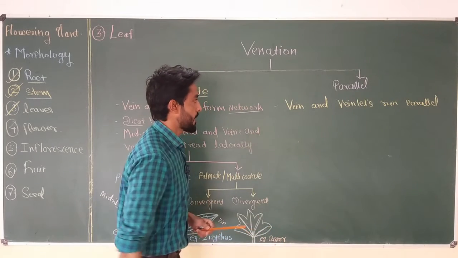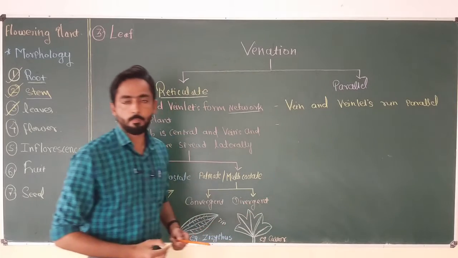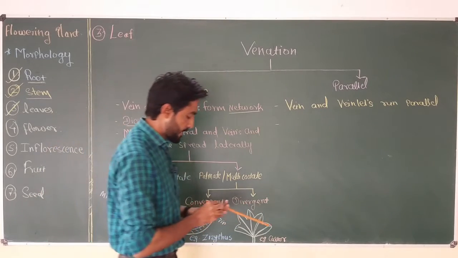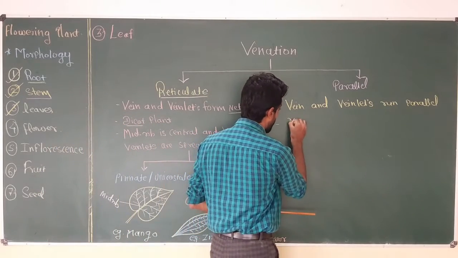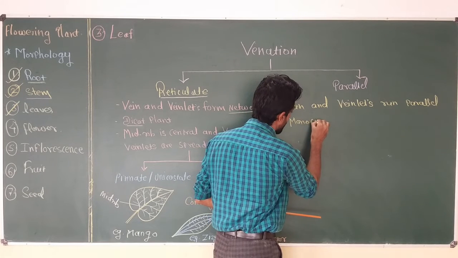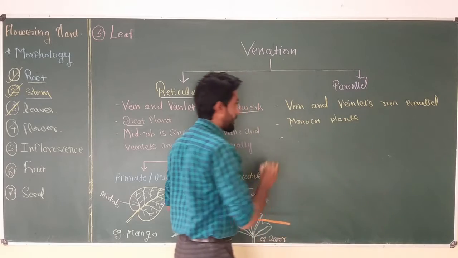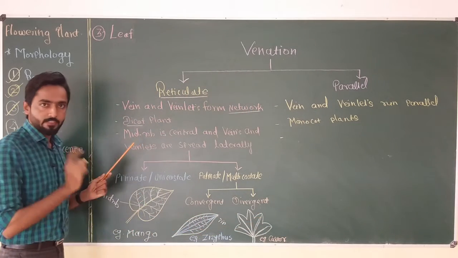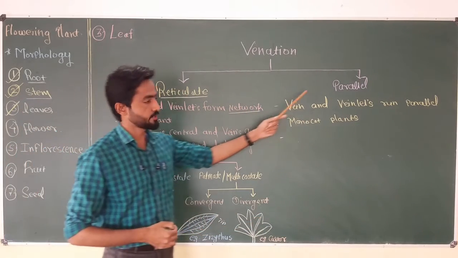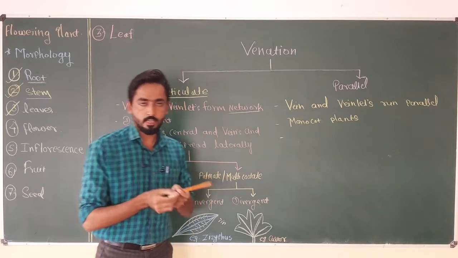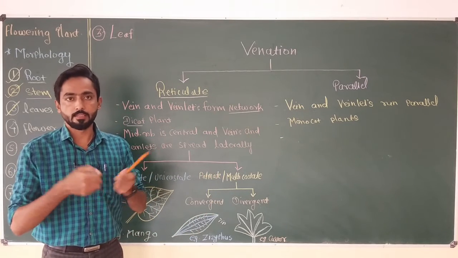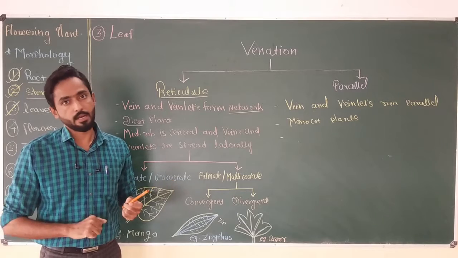The second important characteristic feature of parallel venation is that it is mainly present in monocot plants. And the midrib is also present in parallel venation. Veins and veinlets arise from the midrib and then run laterally but in a parallel fashion.